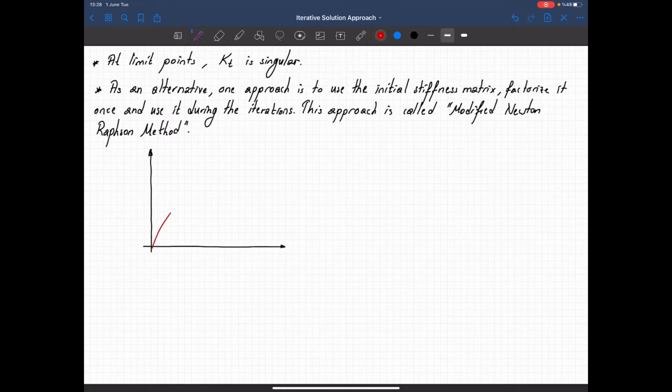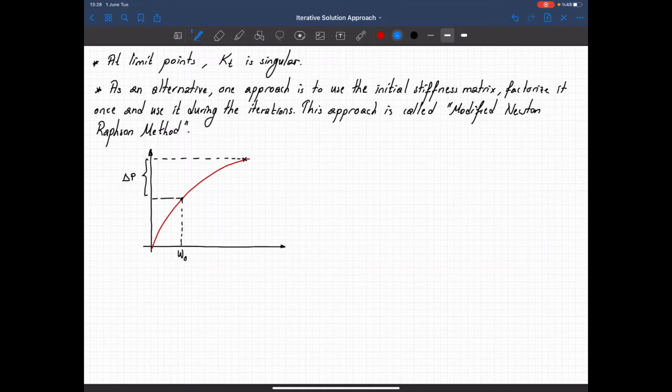We have the same load deformation curve, and let's say that we are again at W0. Now there's a load that I want to calculate, and I want to reach this solution point.